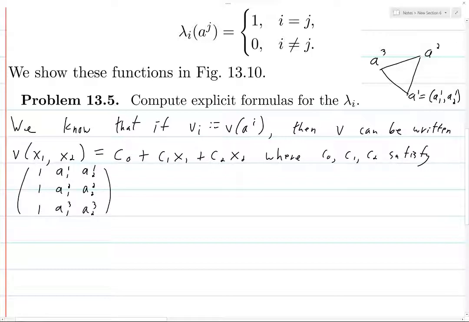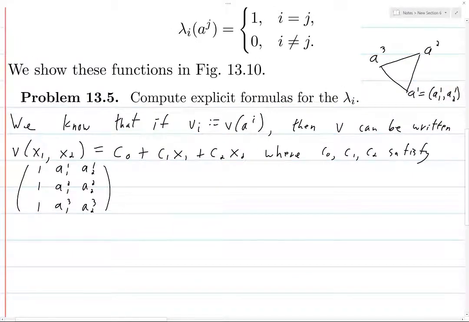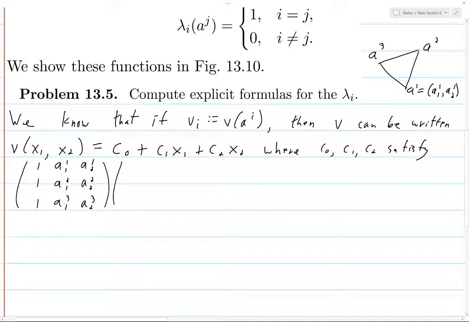In the first column you have a 1. In the second column you have the x1 coordinate. In the third column you have the x2 coordinate, and each row corresponds to a particular vertex. If you take this matrix and multiply it by C0, C1, C2, then you'll get v1, v2, v3.